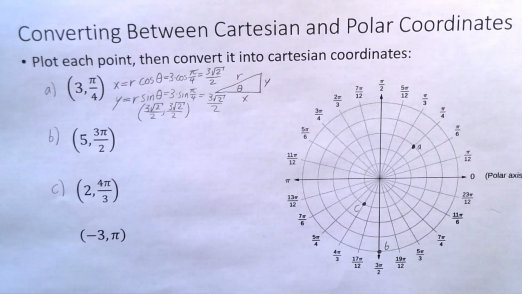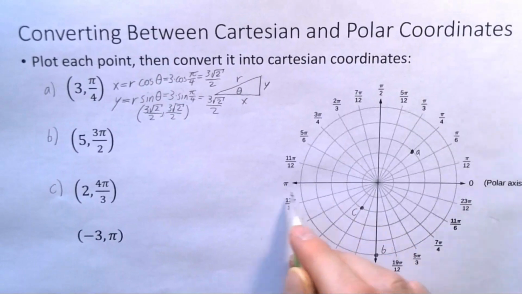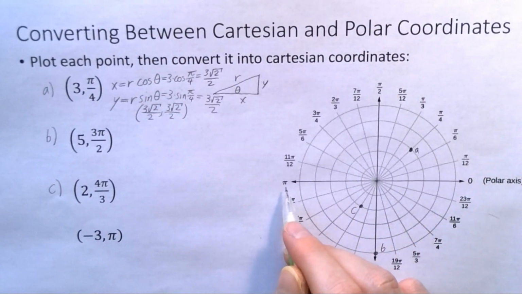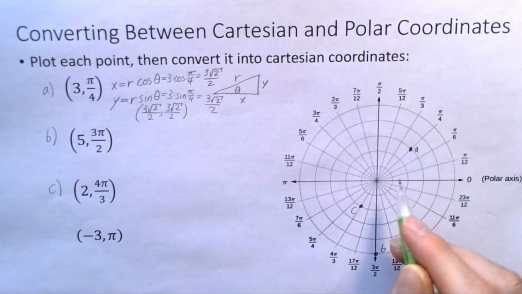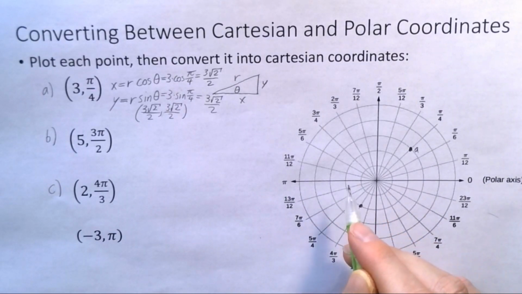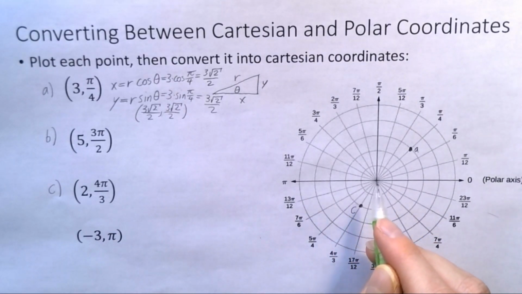Lastly, we have the point (negative 3, pi), which has a negative radius. To do this, we first of all identify the radial at pi. Then, instead of going towards the value of the radial, we are going to go in the opposite direction.